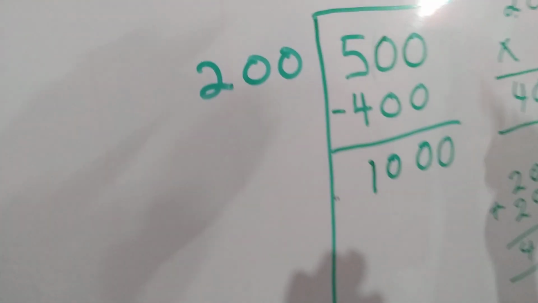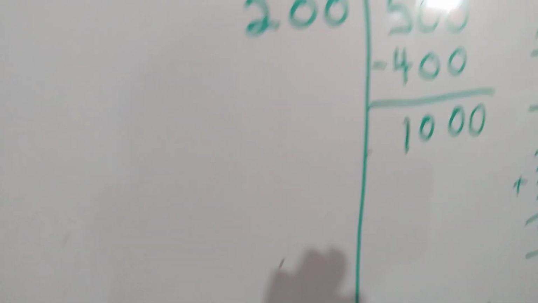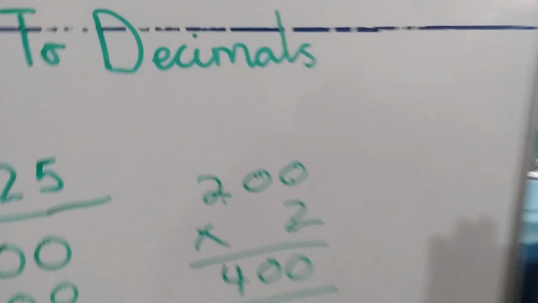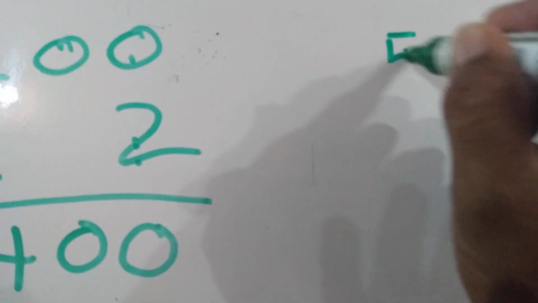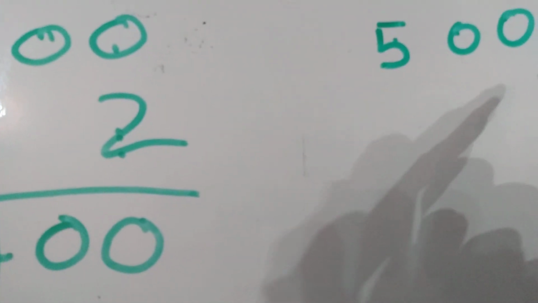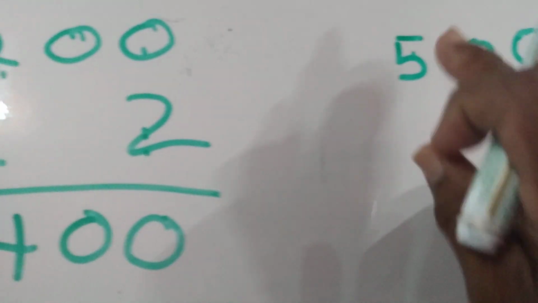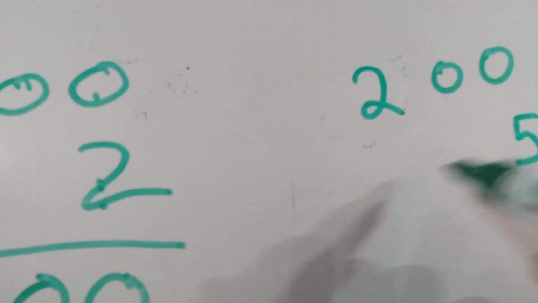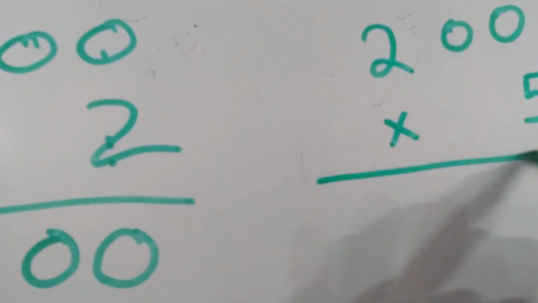We can get 5 groups. Right? Now, as we did before, I'm going to demonstrate it both ways. So we're taking the 200 5 times. That is important to pay attention to.